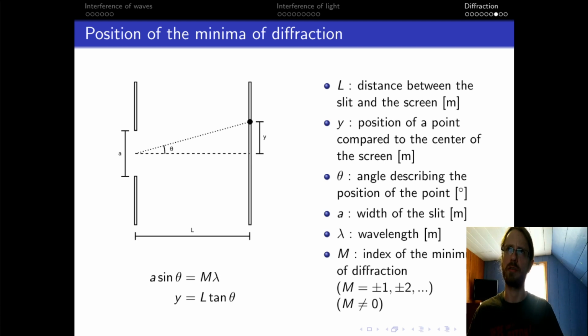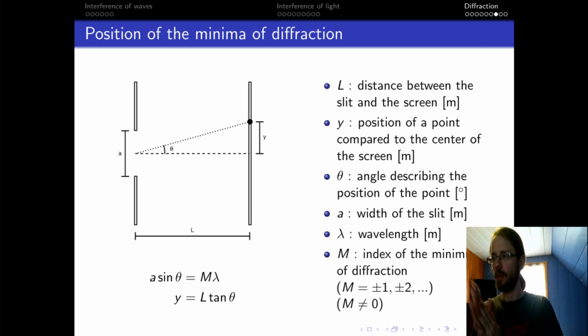They use two different symbols, I'm not quite sure why. And again, geometry didn't break since yesterday, so we can still write tangent of this angle as y over L. And by combining these two equations together, you can find the position y of a minimum of diffraction on the screen.